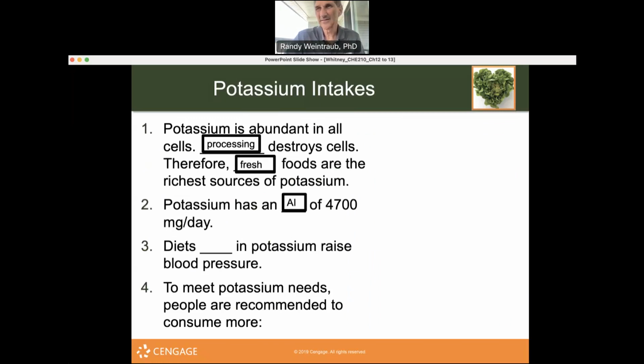Potassium has an adequate intake of 4,700 milligrams per day. Diets low in potassium could be prone to hypertension or higher blood pressure. So to meet potassium needs, people are recommended to consume more fruits and vegetables that are fresh and not processed.